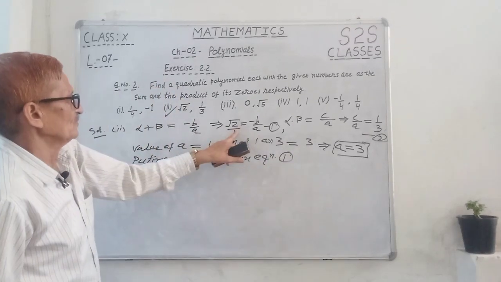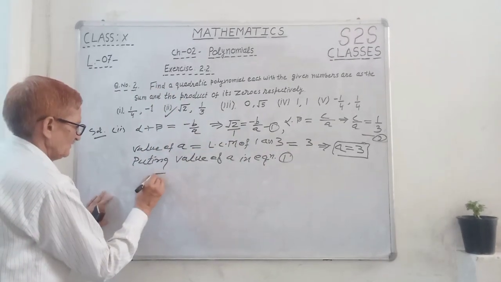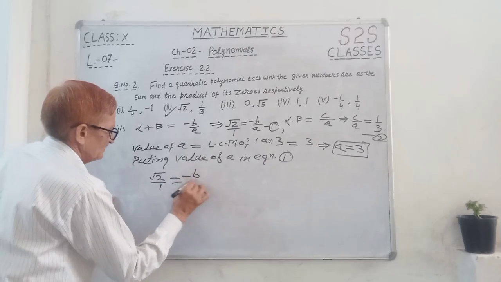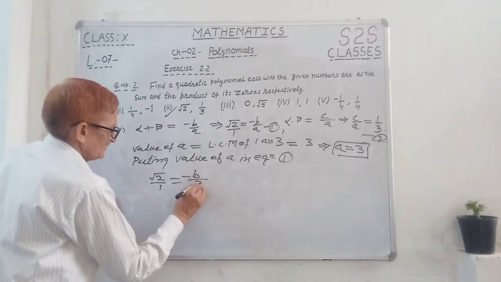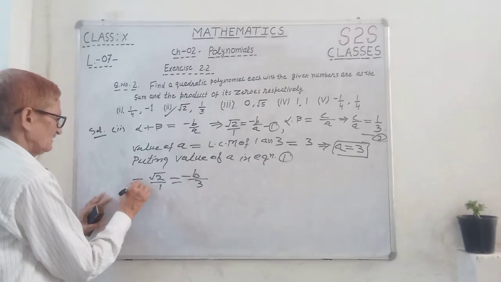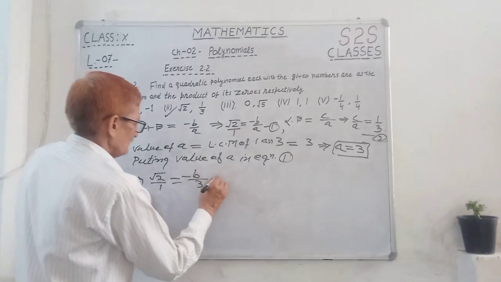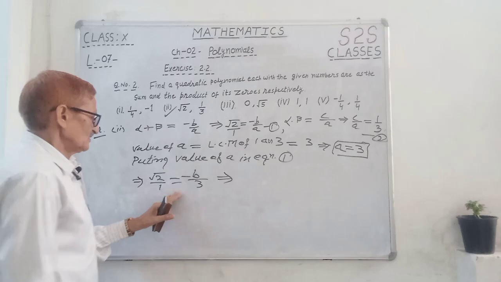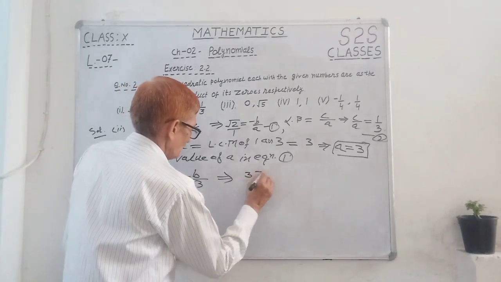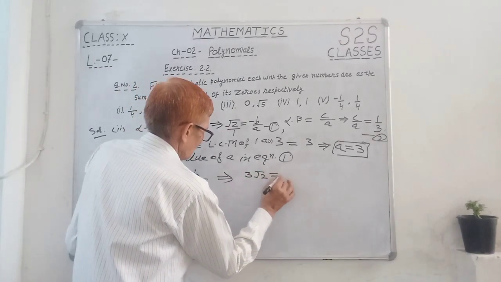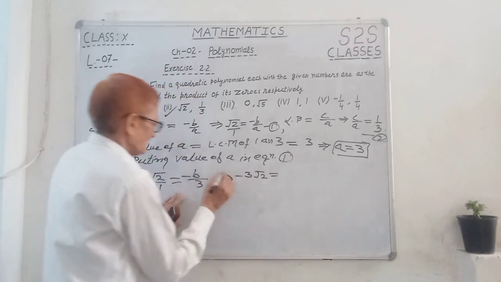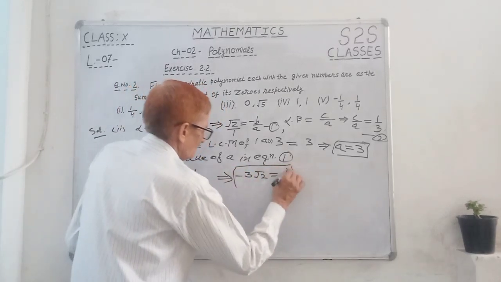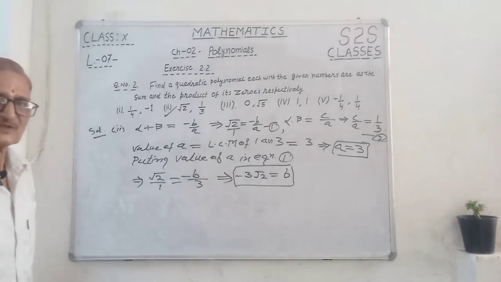Equation 1 is root 2 upon 1 is equal to minus b upon a. A is 3. Okay. Then solving it, 3 in the denominator will go in multiply. So 3 root 2 is equal to minus b, and minus will come to this side, then b is equal to minus 3 root 2. Okay.